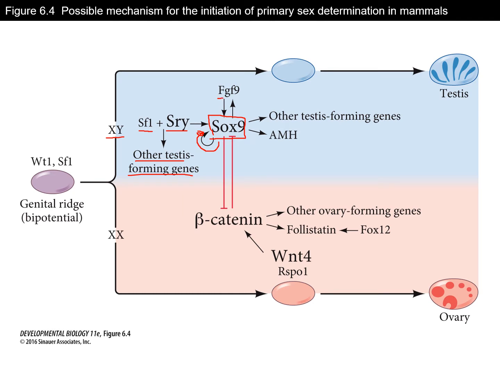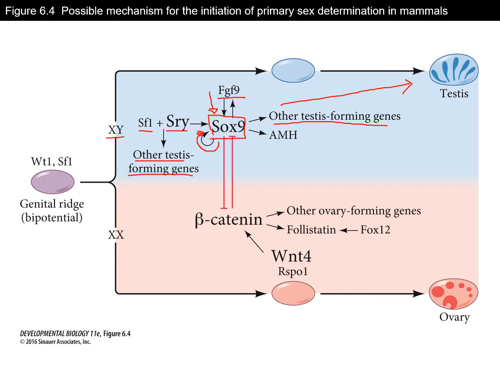SOX9 will increase the expression of FGF9, which also goes back and increases SOX9. So we're getting a very large abundance of SOX9 being expressed in these developing germ cells. And when that happens, we have all these testes forming genes that start to be expressed and leads to the development of testes.